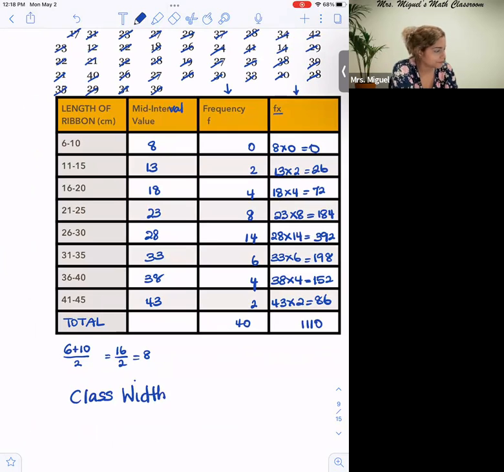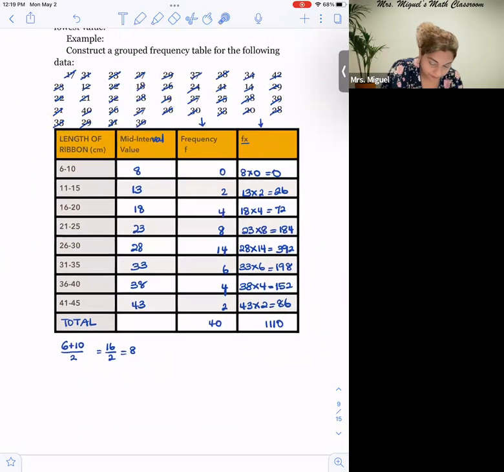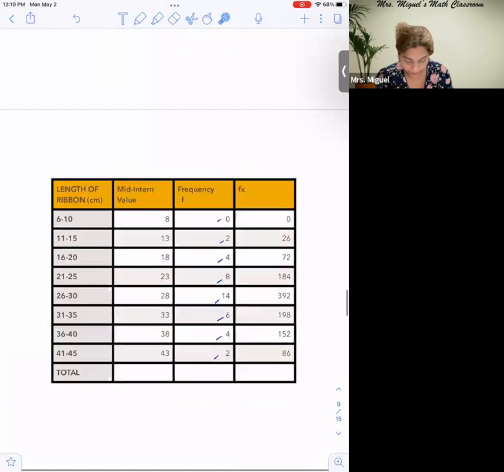Just now, right? The upper and lower limit. For the class width, we will do the class width just now. So we have the length of the ribbon. We have all the columns here. Let us go to find the mean now.